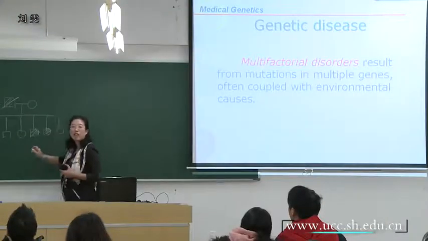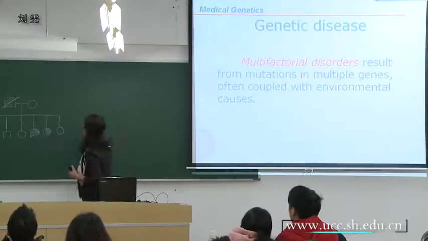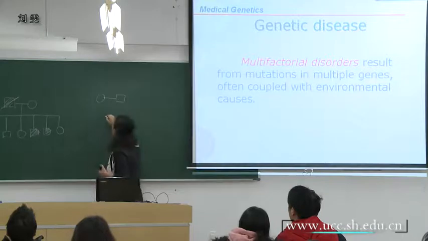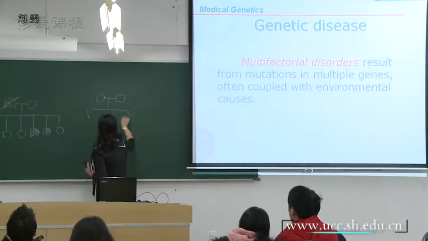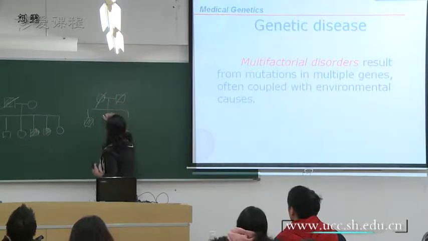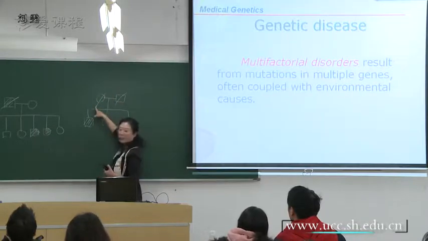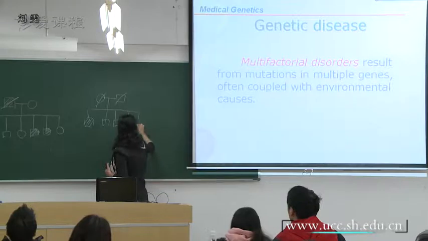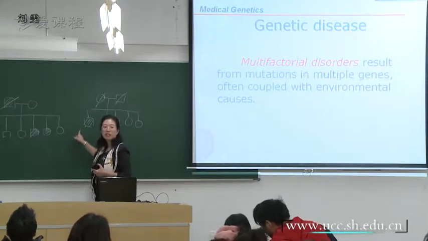One of my uncles and one of my aunties have diabetes too. In my father's family, my grandfather and grandmother are okay. But my father, what does this symbol mean? Died already. But my father is a patient.